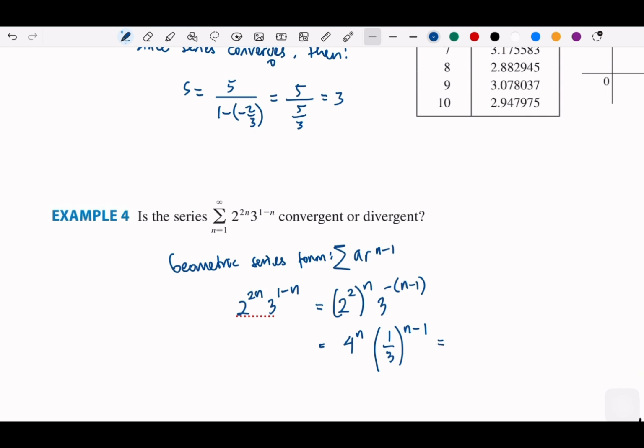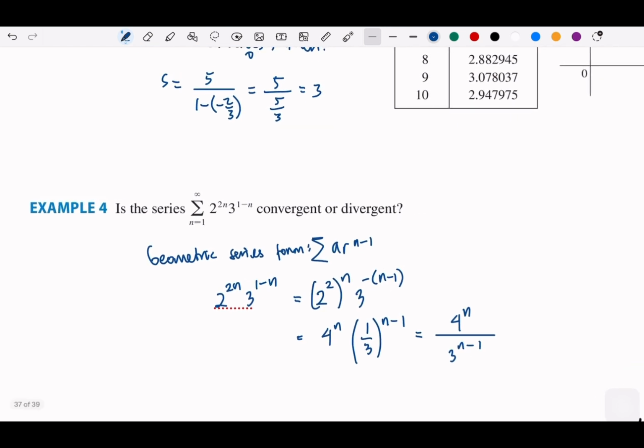Or we could write 4 to the power of n, I will write slowly here, times 3 to the power of n minus 1. And I would like to rewrite this. Since both have the n, I will write this as 3 over n, and then 3 minus 1.